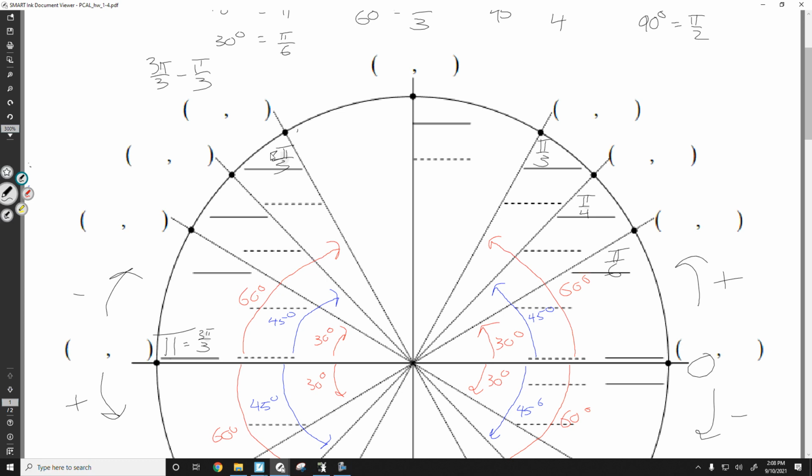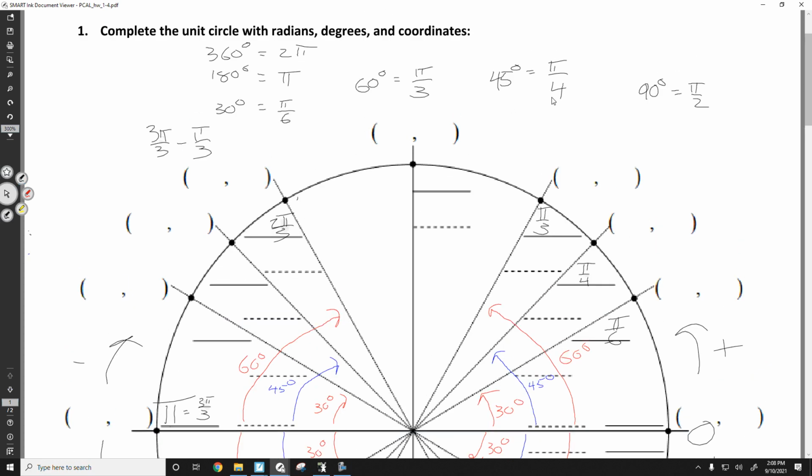Is that comfortable? Okay. Well, if this is 45 degrees away from the x-axis, what is its radian measurement? See if you guys can figure that out. Discuss with your neighbors. If that's 45 degrees away, and 45 degrees is pi over 4, you guys are pretty good at that. What is that measurement? I need to subtract 45 degrees from pi.